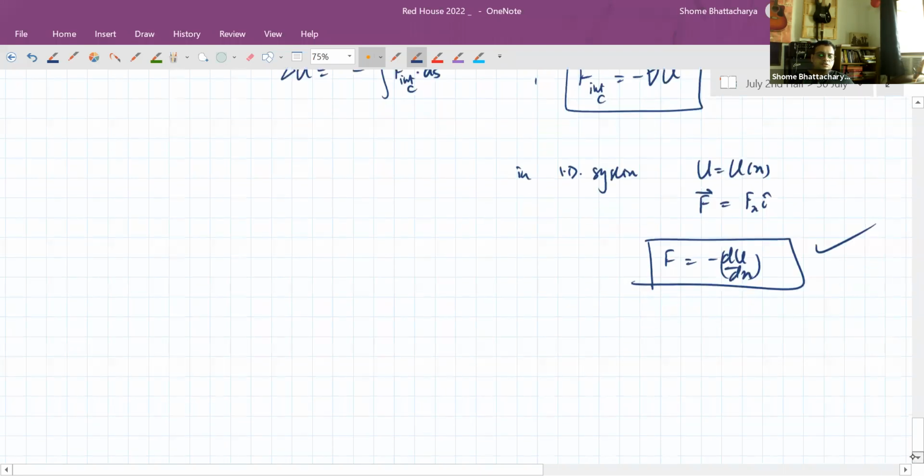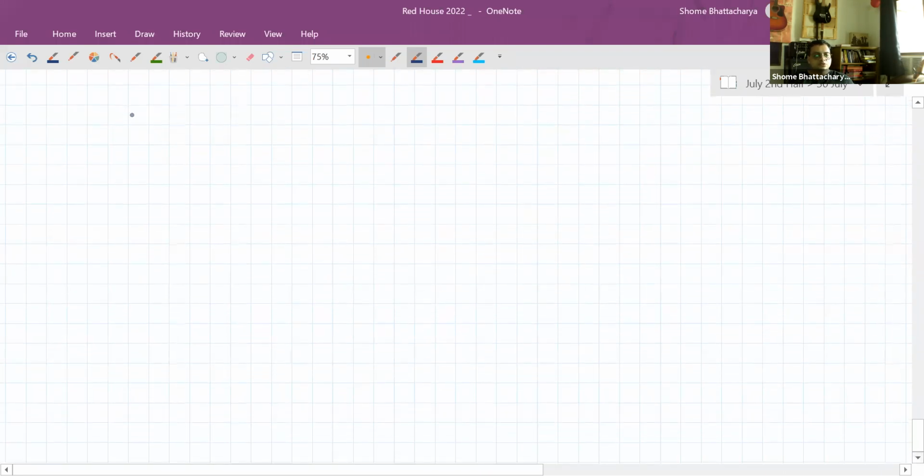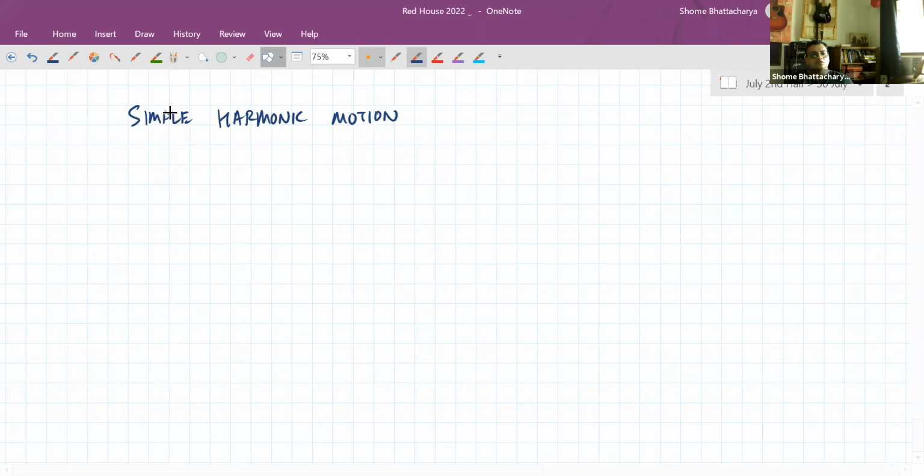Now I'll take just a couple of minutes to introduce simple harmonic motion so that we have a smooth ride in the next lecture. The term simple here signifies that it is a straight line motion, or one dimensional.